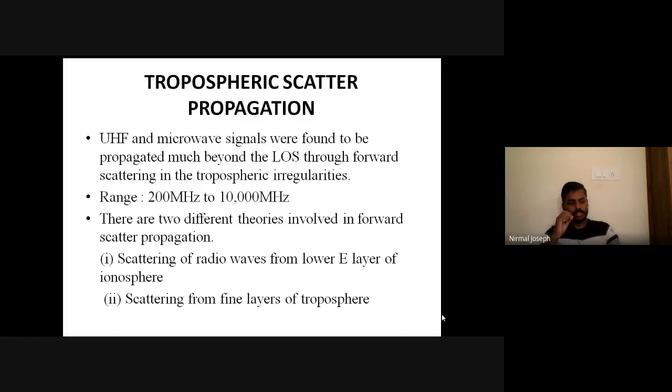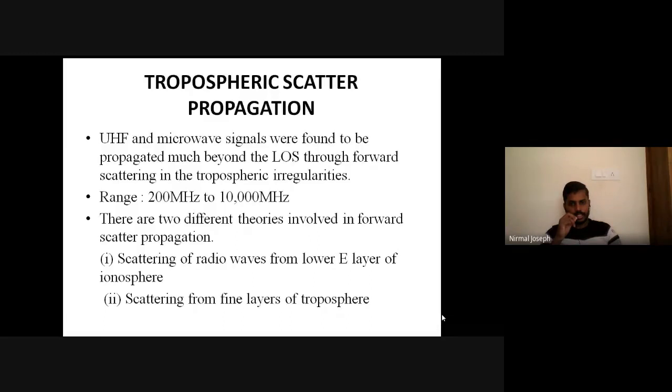That means in the troposphere, some air particles, some dust particles, and some sort of water vapor will be present. So these particles can scatter the waves which we are propagating. Tropospheric scatter propagation makes use of that phenomenon, and it ranges from 200 megahertz to 10,000 megahertz.